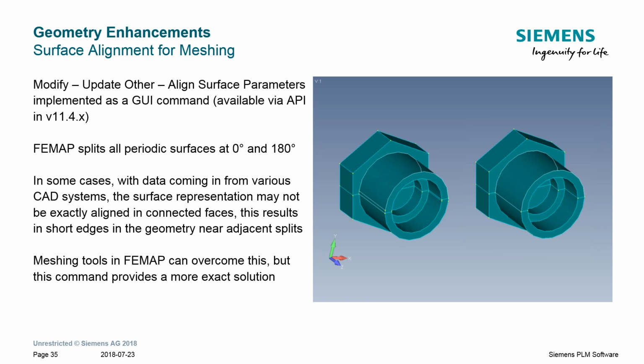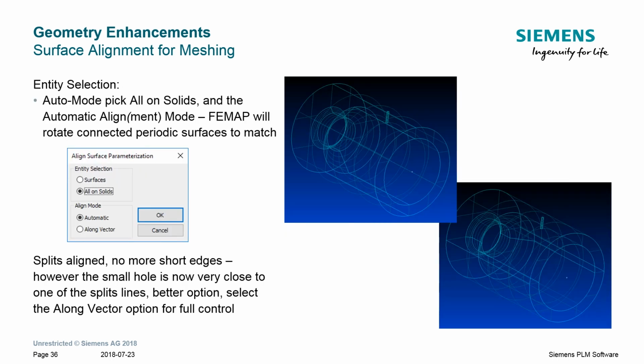So we created a command specifically for cylindrical geometry, that will either automatically align the splits like this, or we also have an option to align along a vector.